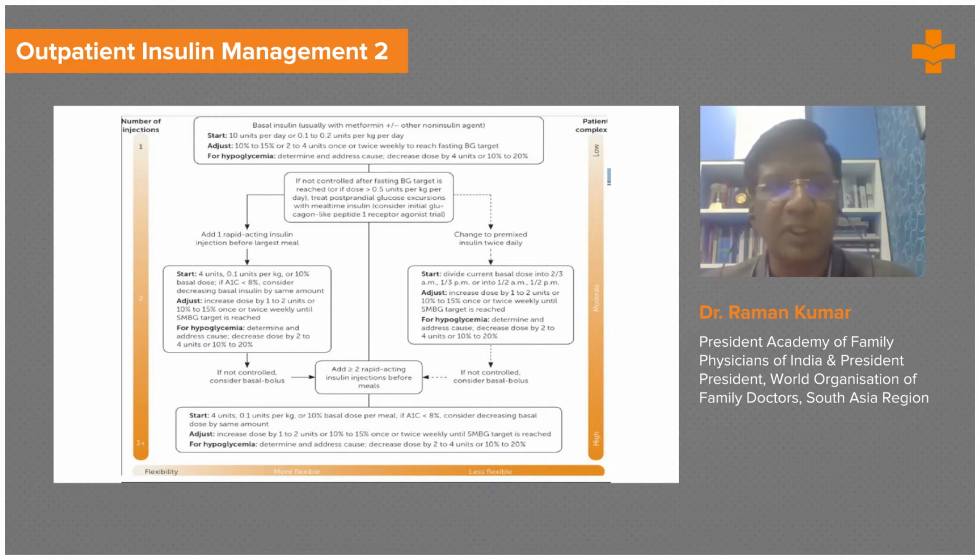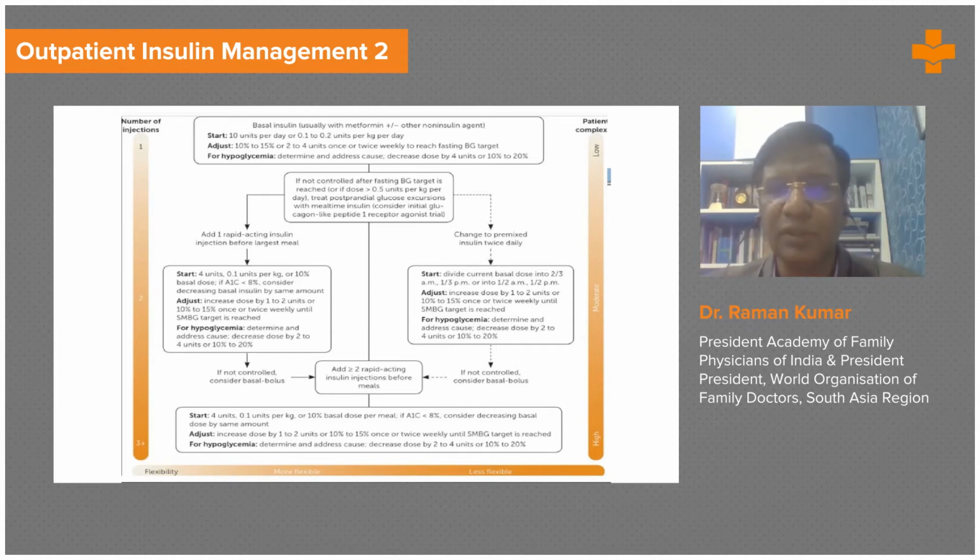Then we have to keep on adjusting. So what is normally recommended is that you adjust the dose around 2 times in a week. Practically it can also be increased on a day-to-day basis, but normally it is recommended that you adjust the insulin dose 2 times in a week, and you can increase the dose of insulin by 2 to 4 units per day.